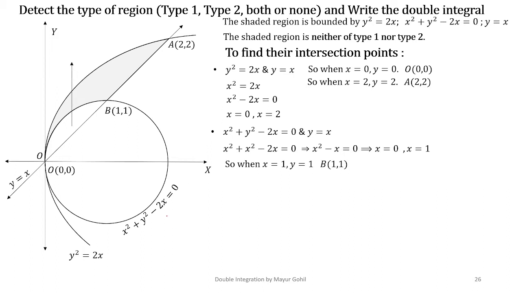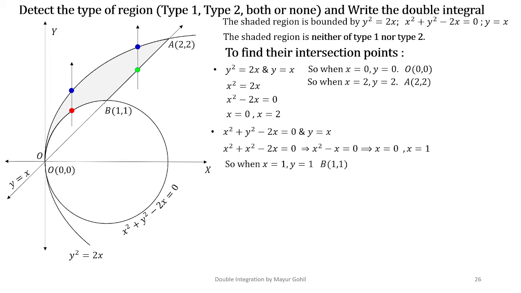When I draw the vertical line passing across the region, the entry point is the circle and the exit point is the parabola. Now again we pass this line. We see here the entry point is the green dot and the exit point is the blue dot. What happens now? We see that it is splitting up.